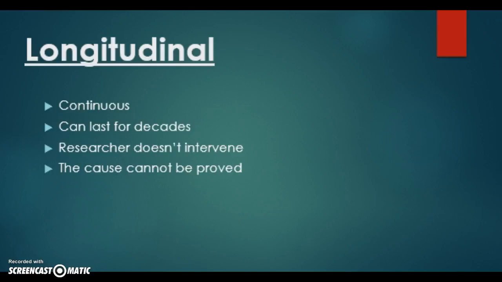The same individuals are observed over the study, and the researcher looks for developments or changes, and these are detected by the researcher and then recorded. But the researcher doesn't intervene, they just observe. So again, there's no kind of manipulation or anything. It's just left down to the subjects to do their thing, and the researcher just observes, again detecting any changes or developments.